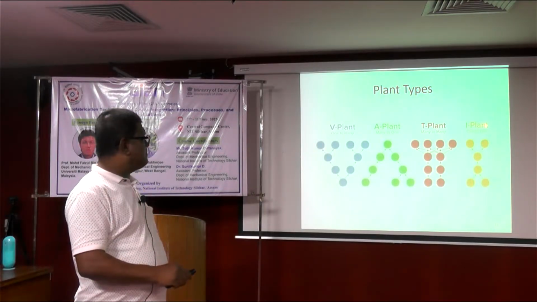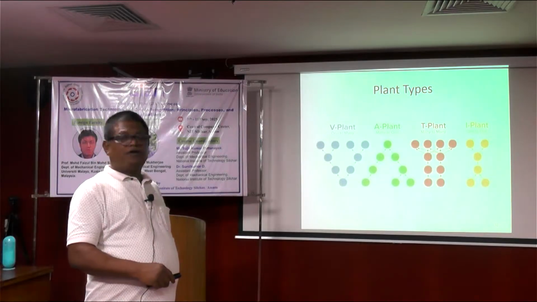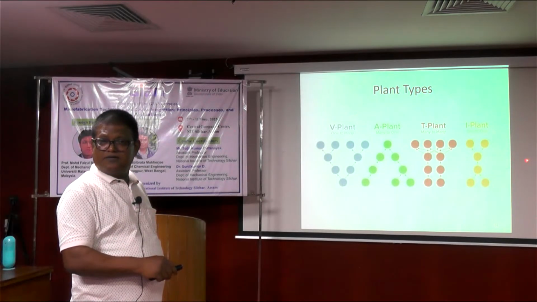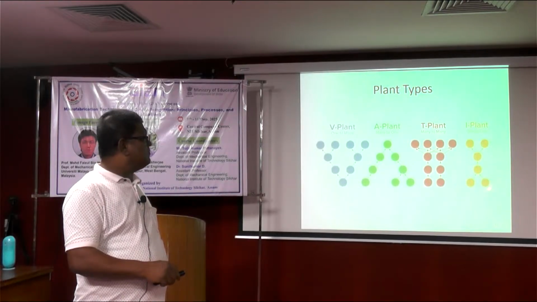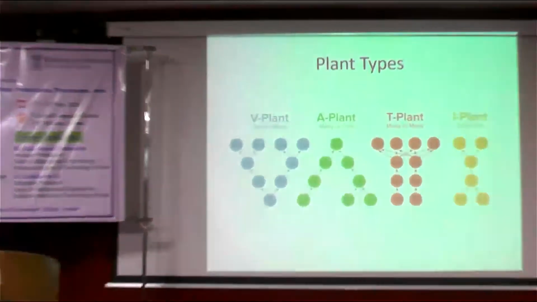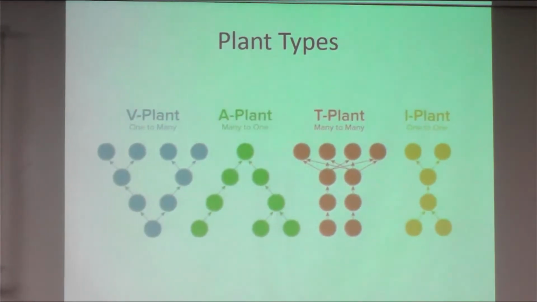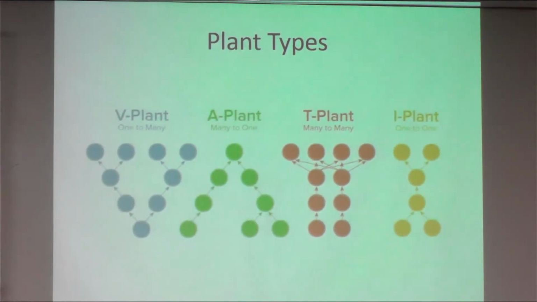Now, in I-type plant, look here, try to understand. In I-type plant, which one is the system's performance rate? Suppose we are climbing a mountain. We are 4 people and we have held our hands like this. Reaching the top will depend on which one among the 4?